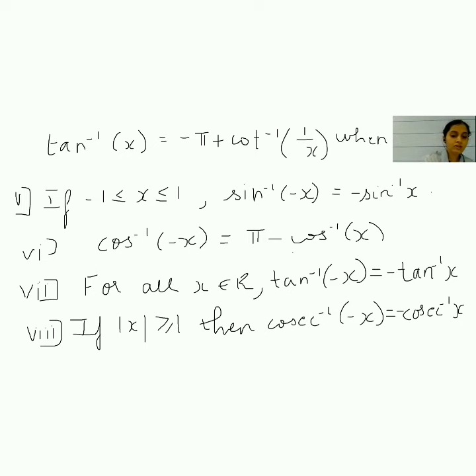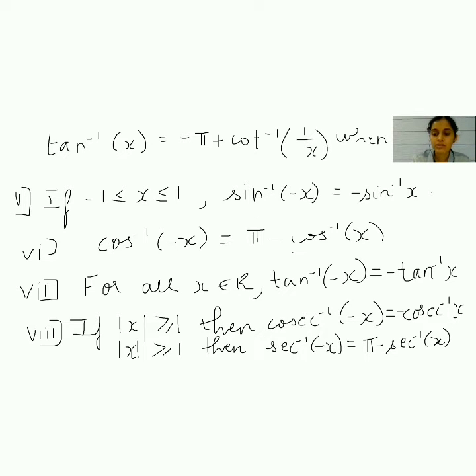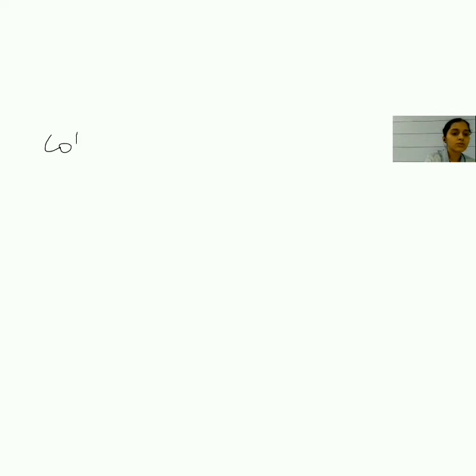And similarly, if mod of x is greater than or equal to 1, then sec inverse of minus x is equal to pi minus sec inverse of x. That is for cosec and sec. And now we're left with cot. So let's write the same for cot. So cot inverse of minus x is equal to pi minus cot inverse of x.